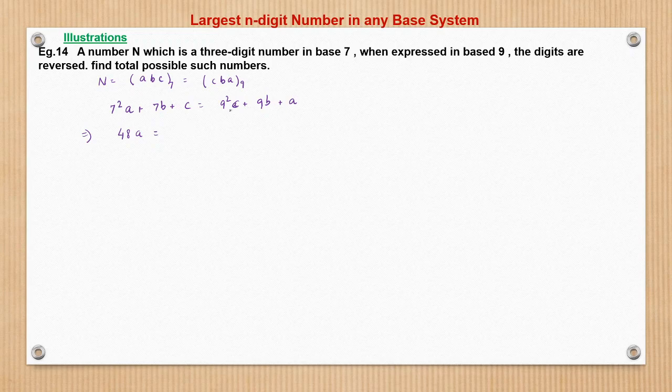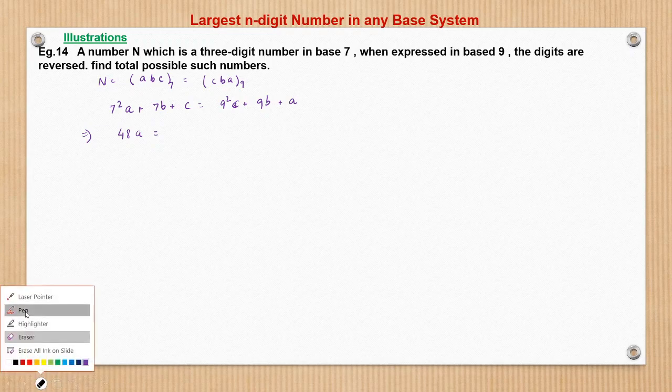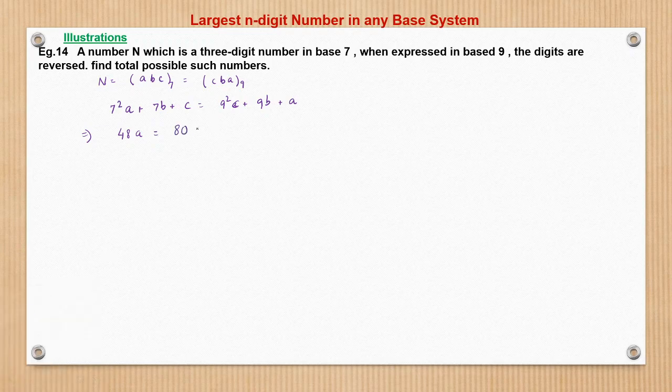So 81 minus 1 is 80. So this is 80C. Here this becomes 9B minus 7B is 2B, right? So 2 is common, so that will cancel out from LHS and RHS. It becomes 24A is equal to nothing but 40C plus B.